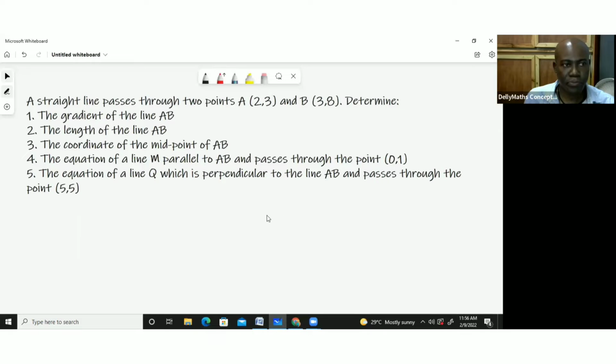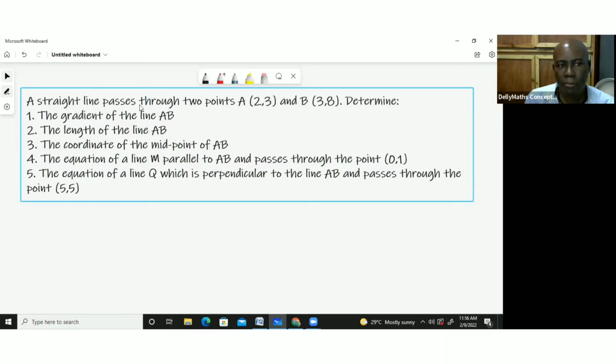It reads: a straight line passes through 2 points, A, which is (2, 3), and B, which is (3, 8). Determine: number 1, the gradient of the line AB. Number 2, the length of the line AB. Number 3, the coordinate of the midpoint of AB.